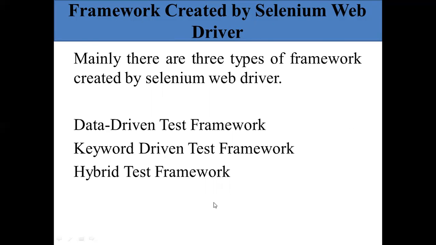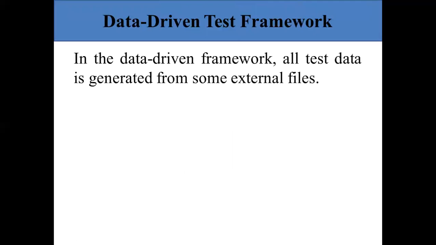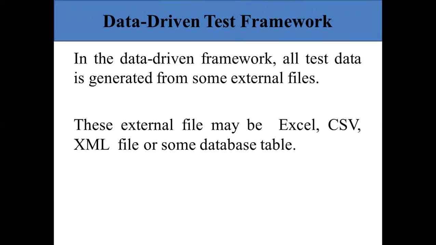Firstly, we must know what is the data driven test framework. In the data driven test framework, all test data is generated from external files, and these files may be in the format of Excel, CSV, XML, or any database format or database table.